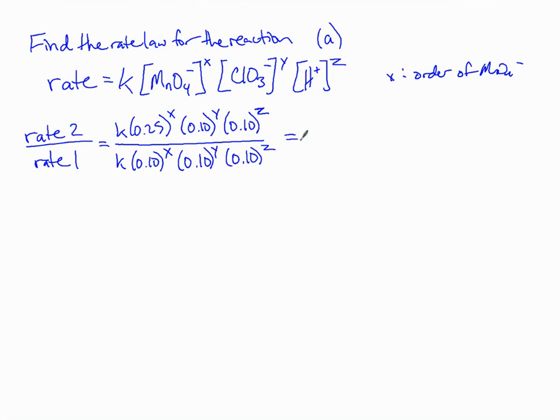We also have some actual numbers for rate 1 over rate 2: 3.3 times 10 to the negative second, and 5.2 times 10 to the minus third.